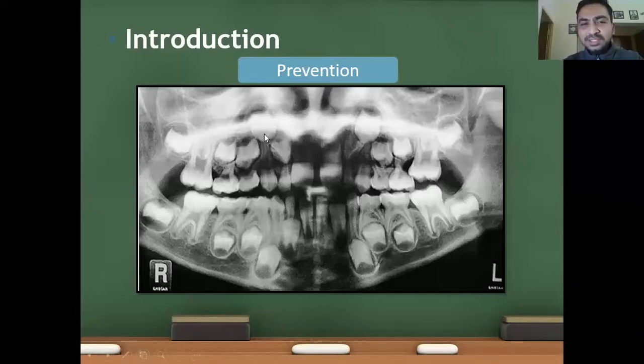So at this stage, we can anticipate what kind of malocclusion this patient might have, and we can prevent it. I think with this introduction, I have told you what we are going to study today. That is, we are talking about preventing the malocclusion from happening. And for that, we have to see the patient very early, probably in the mixed dentition, or at times even in the deciduous dentition, so that we can prevent the malocclusion from happening. Is this clear?